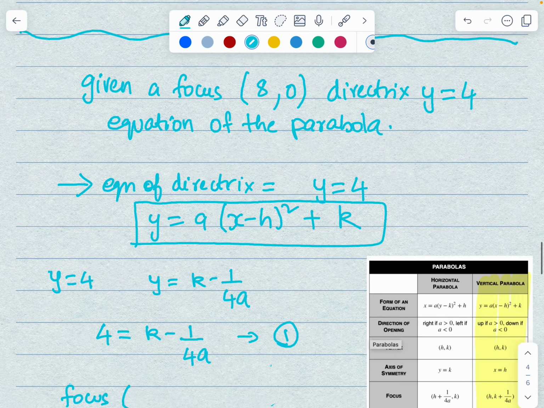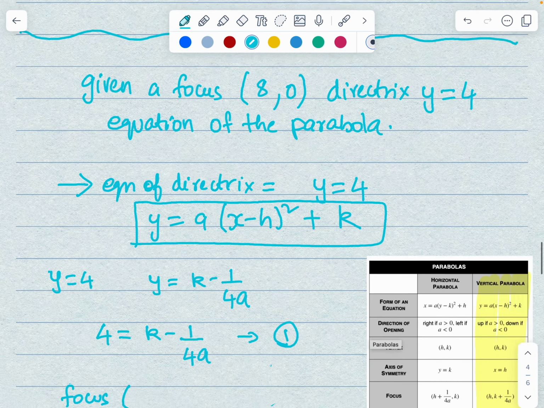So now let's work with these two. Your first equation was what? 4 = k - 1/(4a). And I can do that: k = 4 + 1/(4a). Here, in the second equation, I had 0 = k + 1/(4a), which implies k = -1/(4a). Again, if you do the systems of equations, you have k equal to this, k equal to this.